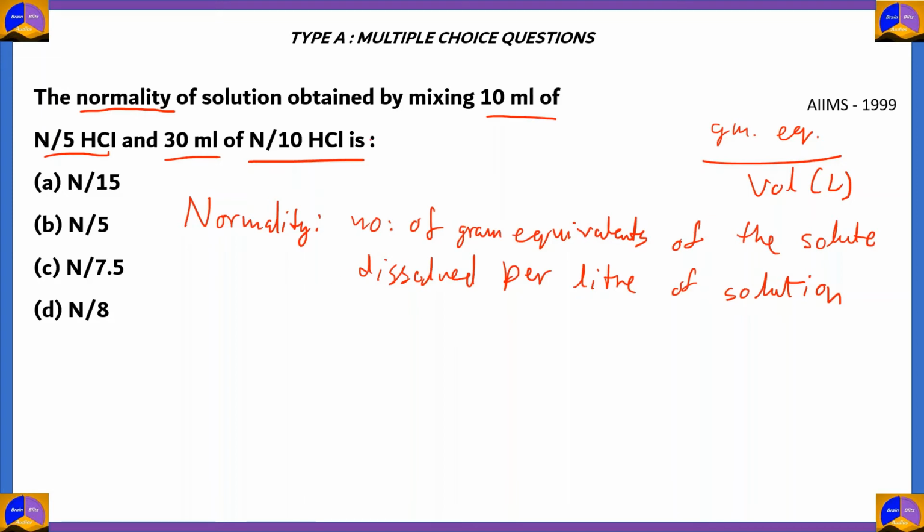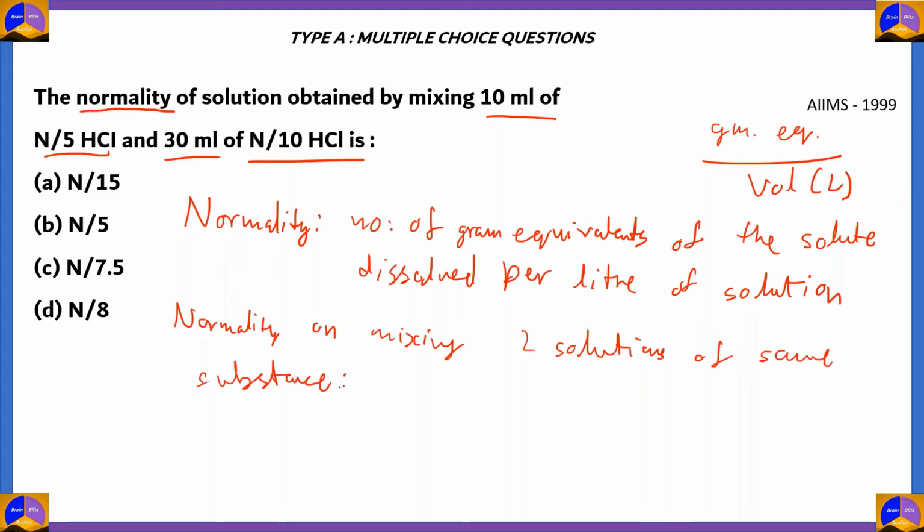But here we're mixing two solutions. So the normality obtained on mixing two solutions of the same substance, which here is HCl, is given by the formula N1 V1 plus N2 V2 is equal to N into V1 plus V2.